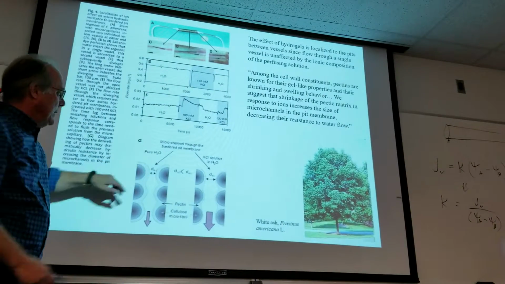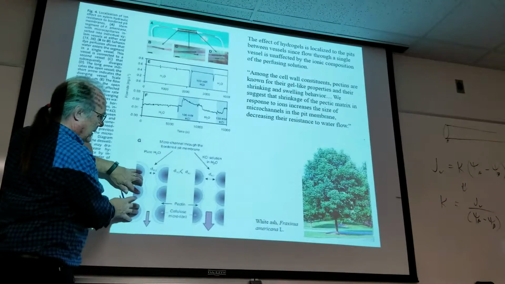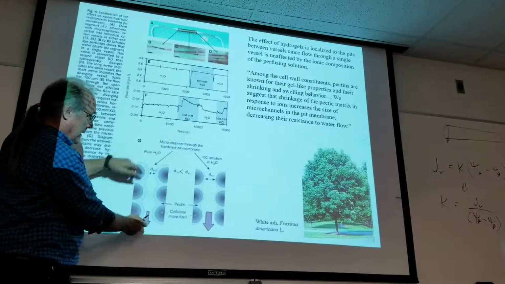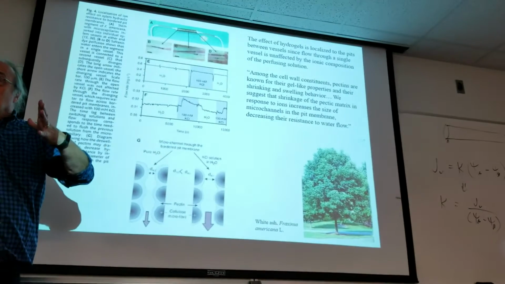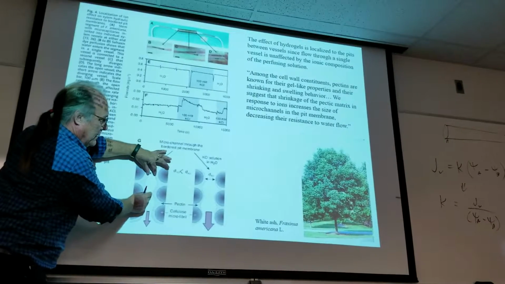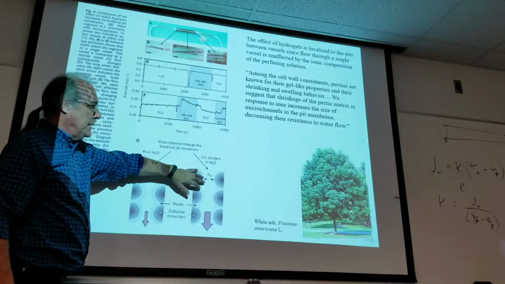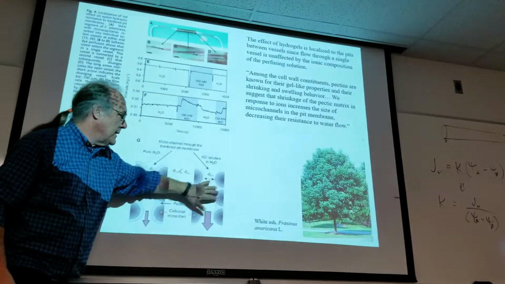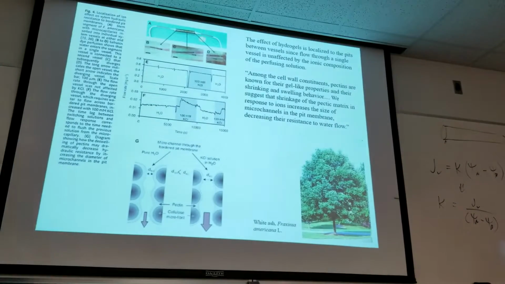So with pure water, these pectic substances lining the cellulose fibers in the xylem vessel, or in the pit between one vessel and another, swell up, get bigger, and make this channel smaller. With some ionic solute in the water, these pectic substances shrink, increase the size of these connections between vessels, and decrease the resistance to the flow of water.